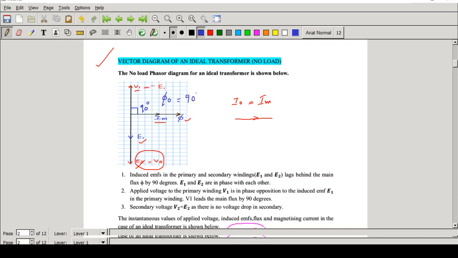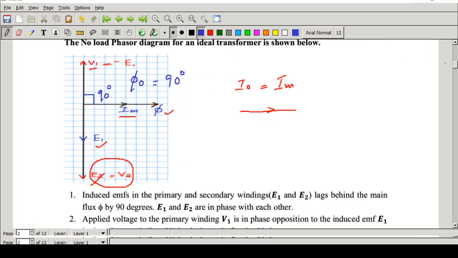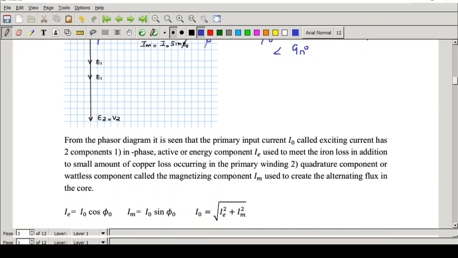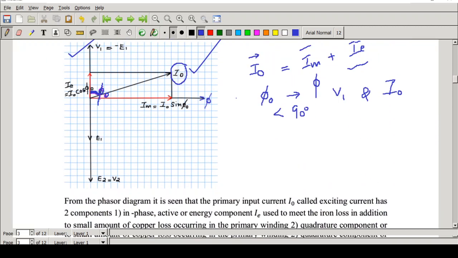Whereas when we consider the actual transformer, phi 0, the angle between the input voltage and the input current, is less than 90 degrees. That is very important.